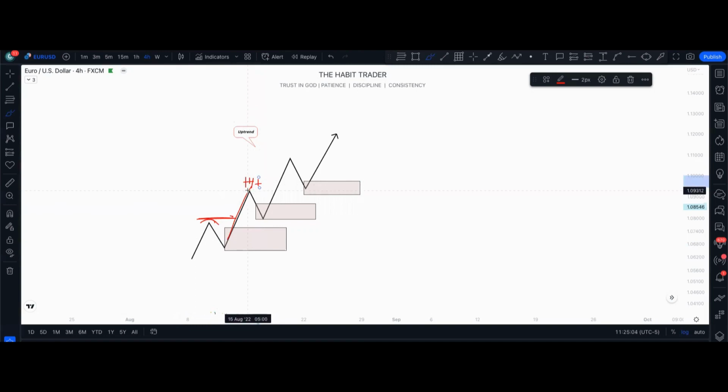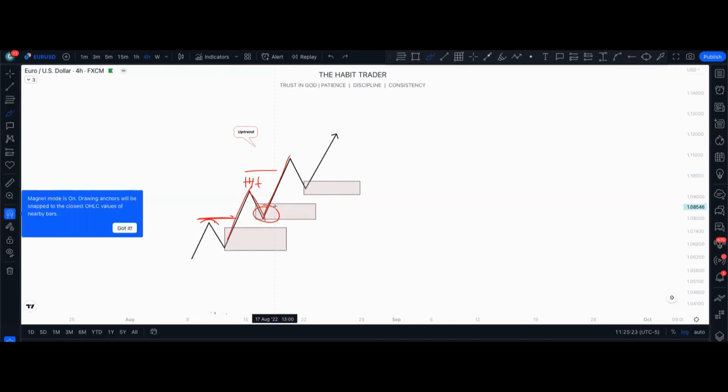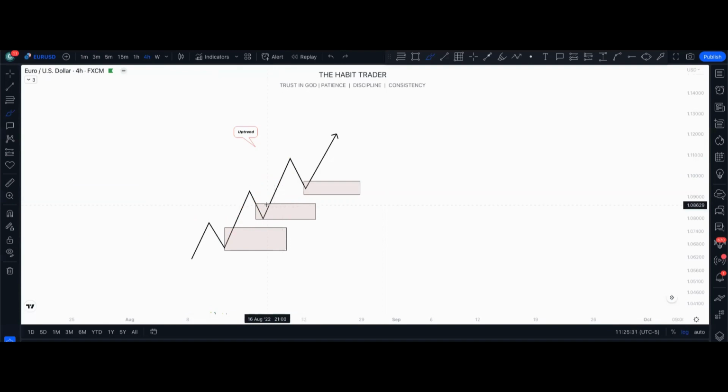And then if it pulls back, it forms some kind of a demand zone here if it will break this structure again. So every time that the market creates a bullish movement or price action towards the upside, it creates a demand zone.